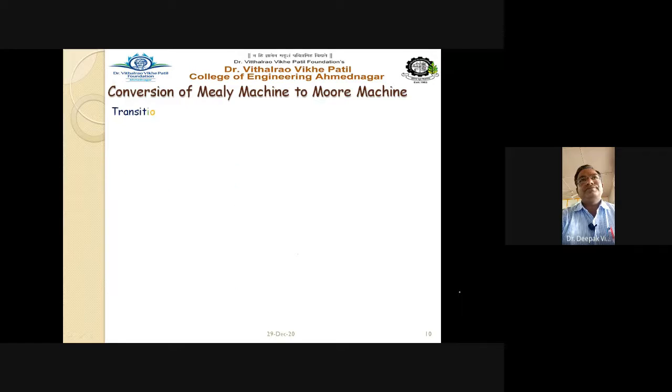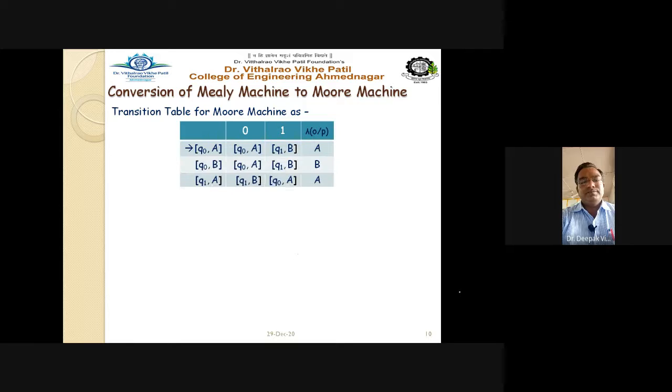In this way, the transition table for the Moore machine is written like this: Q0 comma A first state, Q0 comma B second state, Q1 comma A and Q1 comma B. These are the resultant states in the Moore machine, with their transitions on 0 input and 1 input, and this is the output associated with each state. For Q0 comma A the output is A, Q0 comma B the output is capital B, Q1 comma A the output is A, and Q1 comma B the output is capital B, right?